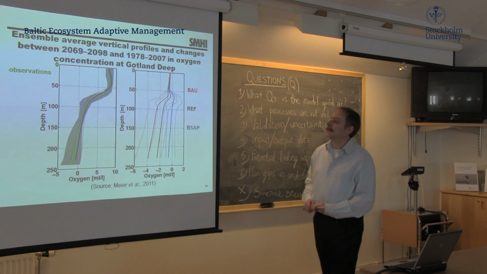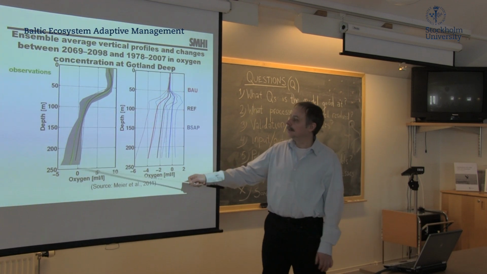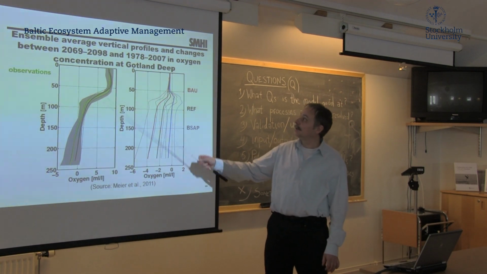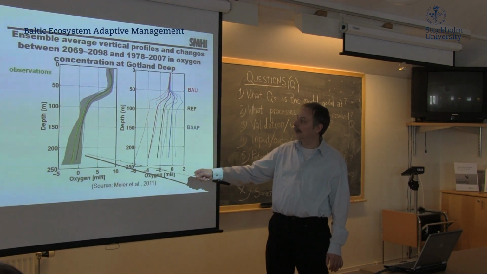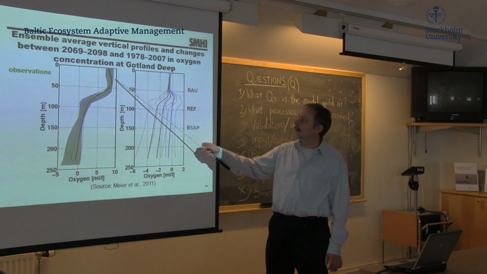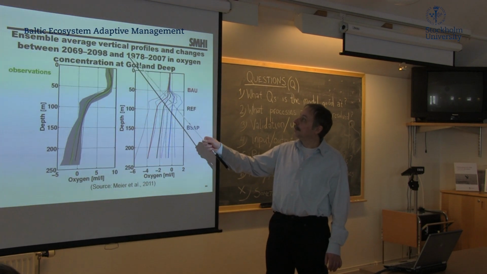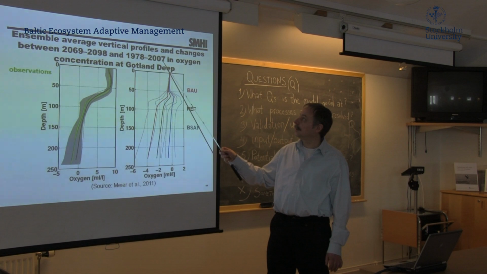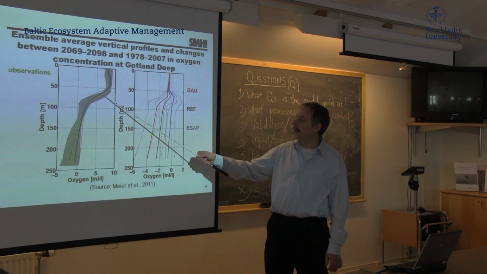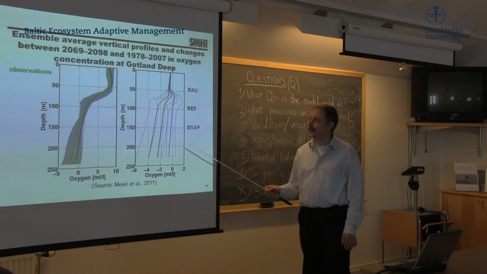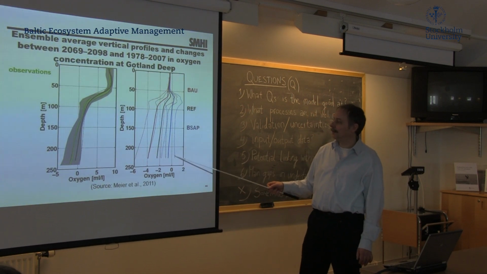To the left, you have an example of one station, again Gotland Deep, the ensemble mean profile for the period 1978-2007, 30 years, compared to the data, and it's reasonably well. And here you have the change in the different nutrient loads.